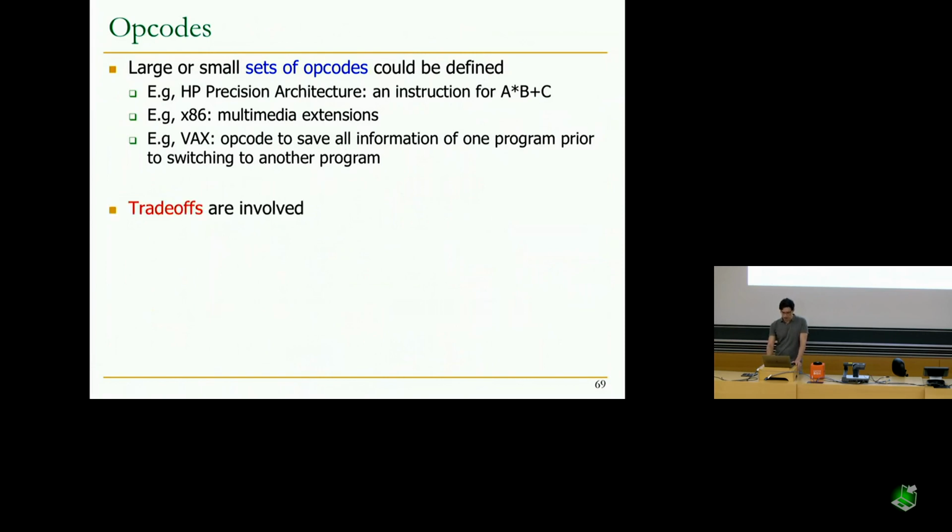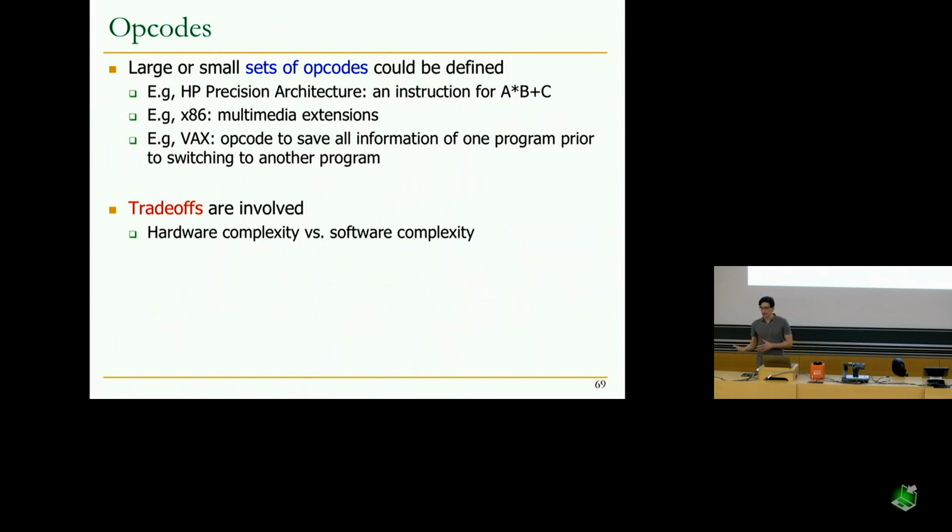There are always trade-offs here, and those trade-offs are related to the hardware complexity and the software complexity. If our instruction set has a very small number of instructions, we will probably have programs with many more instructions, because in order to execute the same operation, we will have to execute many more of these simple instructions.